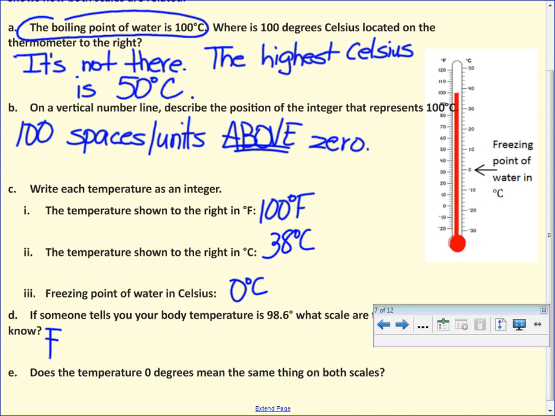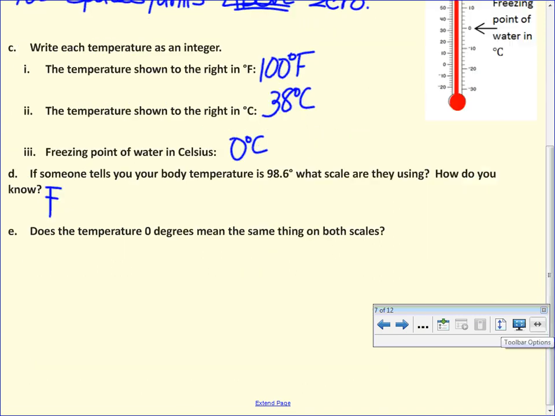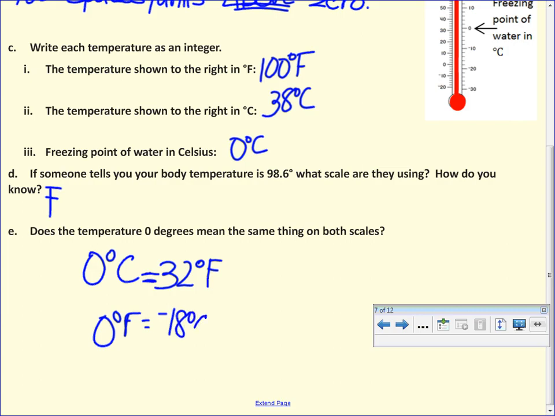No, absolutely not. 0 degrees Celsius equals 32 degrees Fahrenheit. That's not the same thing, right? 0 degrees Fahrenheit equals negative 18 degrees Celsius. So they do not mean the same thing.